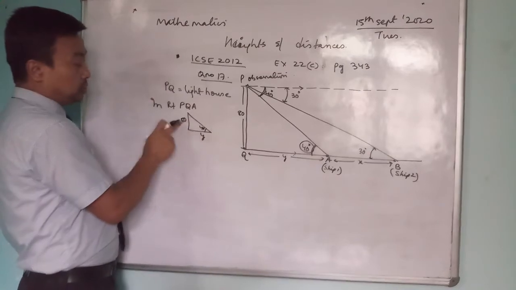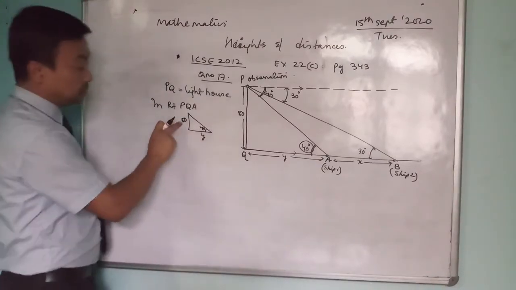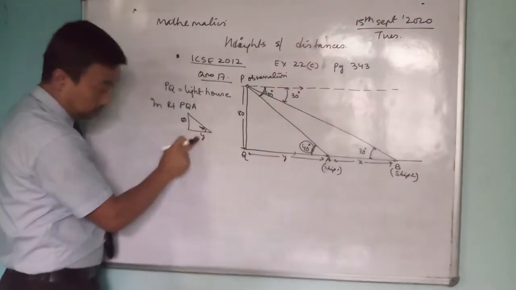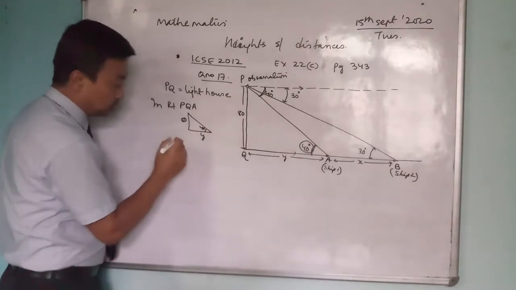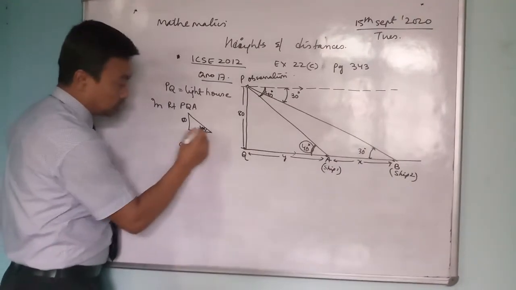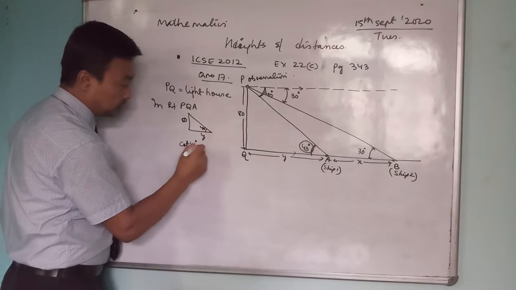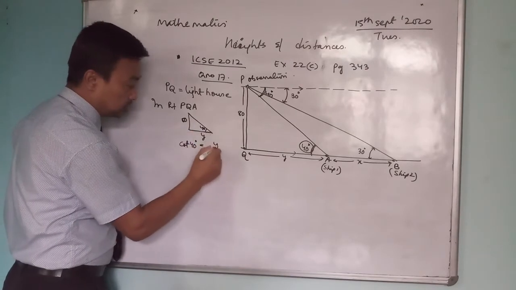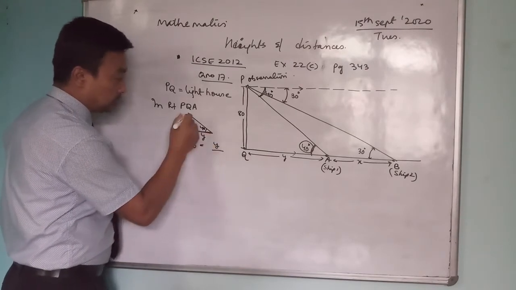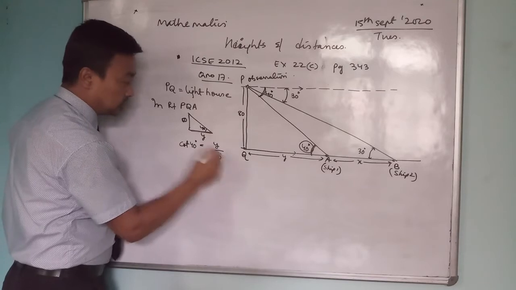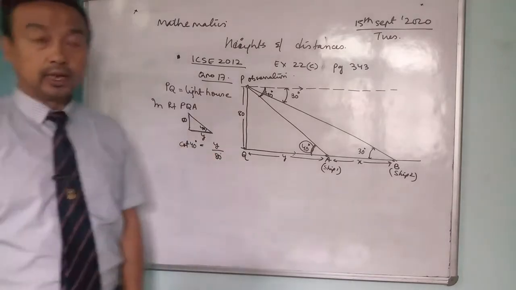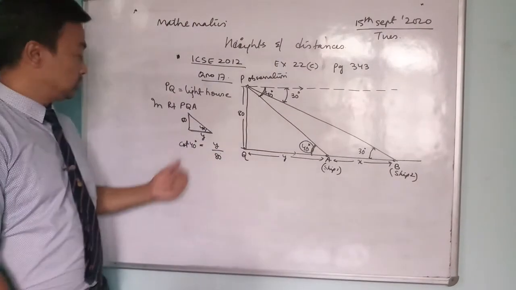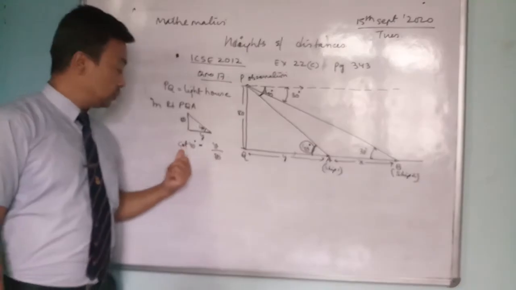We will not use P by B. We will use B by P, because since B is unknown, we will be using cot. Cot theta, theta is 40 degree, base is y, and the perpendicular is 80. Now in the trigonometric table, we do not have the table for cot 40.